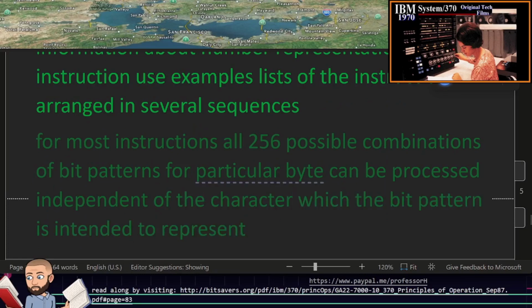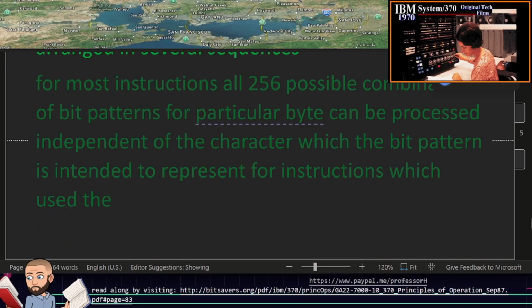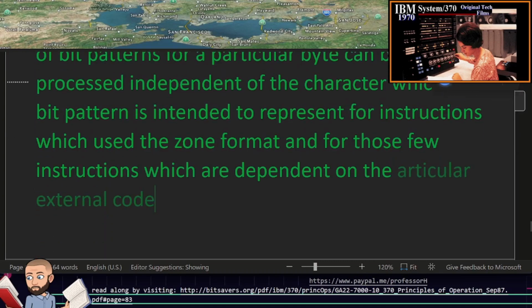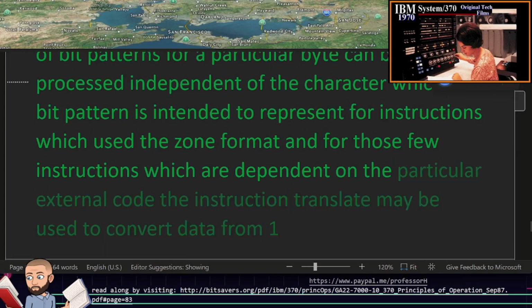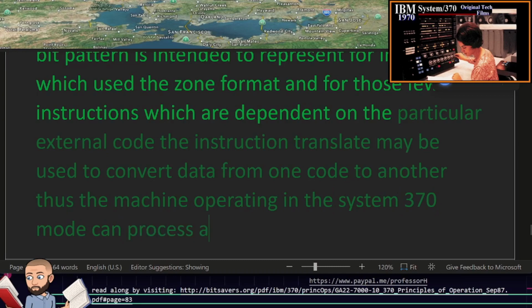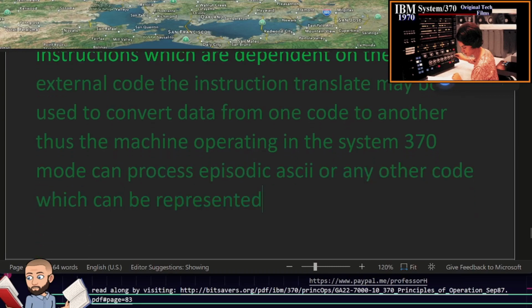For instructions which use the zone format, and for those few instructions which are dependent on a particular external code, the instruction translate may be used to convert data from one code to another. Thus, a machine operating in the System 370 mode can process EBCDIC, ASCII, or any other code which can be represented in 8 or fewer bits per character.